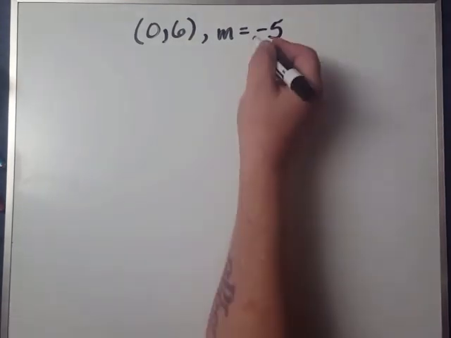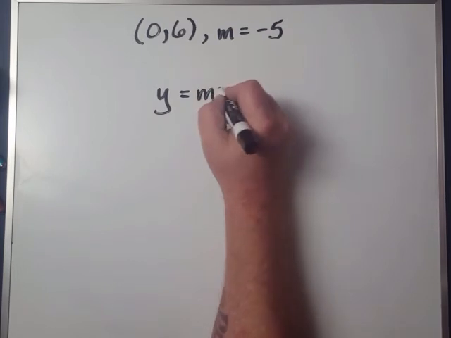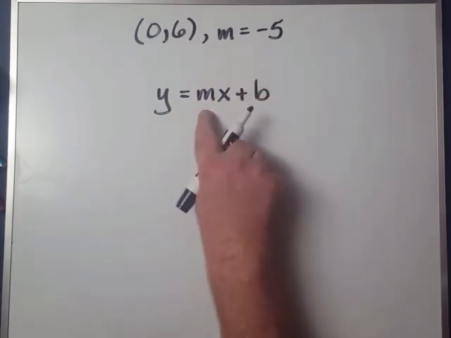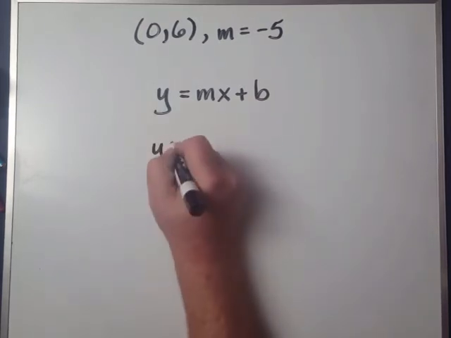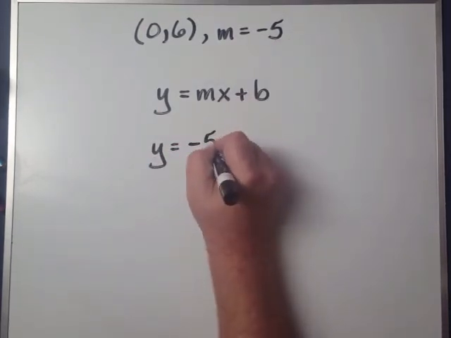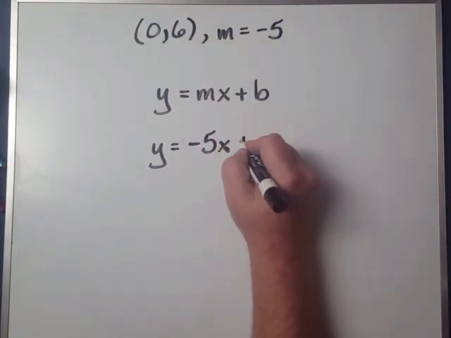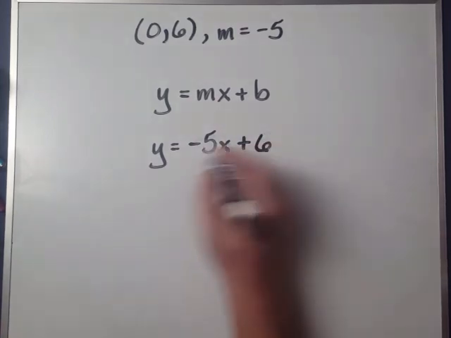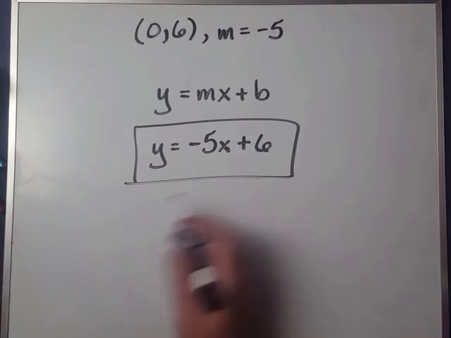There's my y-intercept, there's the slope, and I have the equation of a line, y equals mx plus b, that uses the slope and the y-intercept. Y equals, the slope is -5, so -5x, and plus b, plus the y coordinate of my y-intercept. And that one's done. Given that slope and that y-intercept, I can come up with the equation of that line in slope-intercept form.